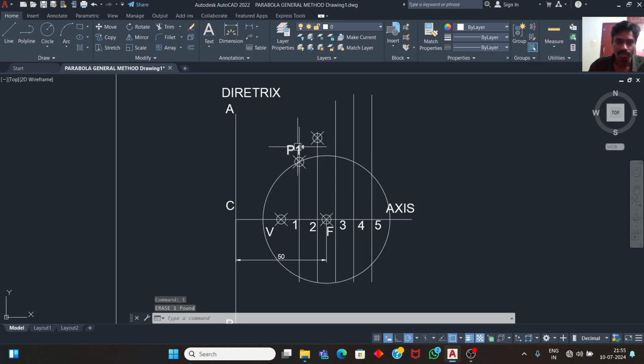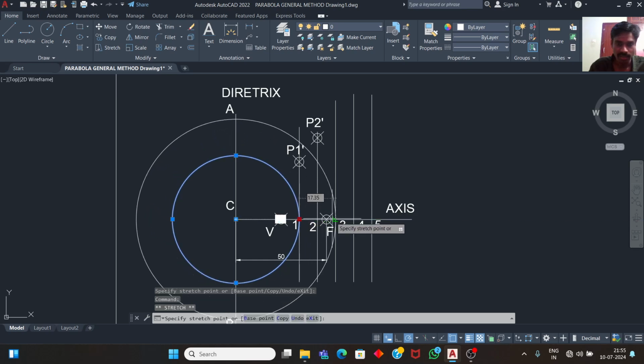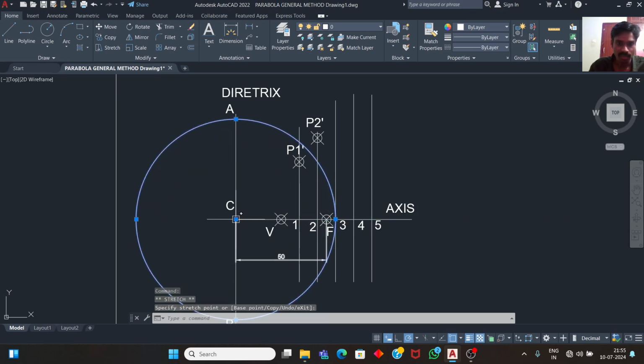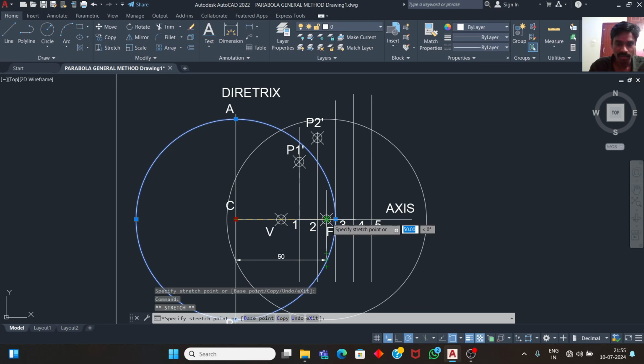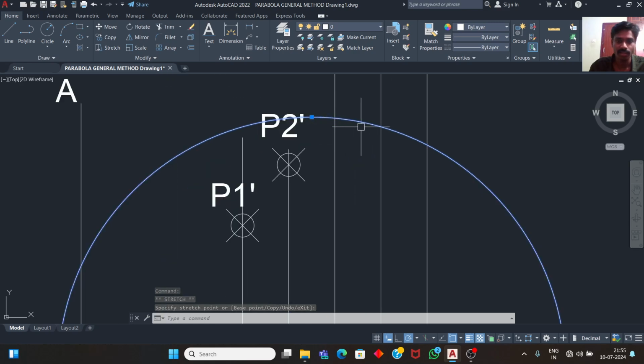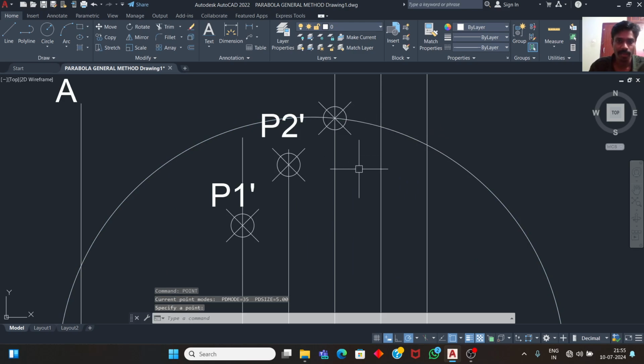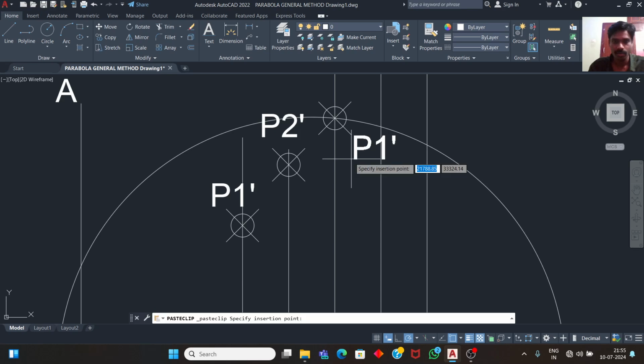Okay, so we got 2 points. Give the naming also. This is P2 dash, and using this circle, C as the center and 3 as the radius, move this circle with F as the center, and mark the point, that is the third point. So using the point command, I am placing the point, and this is the point P3.